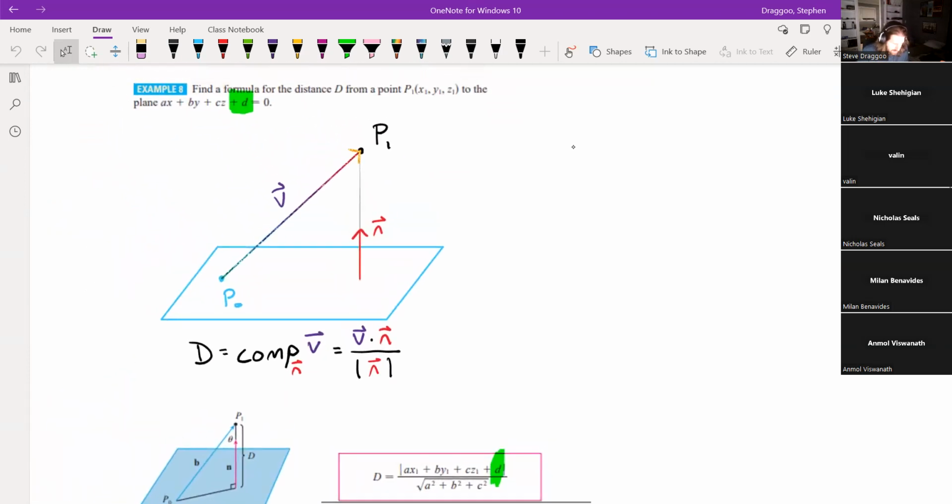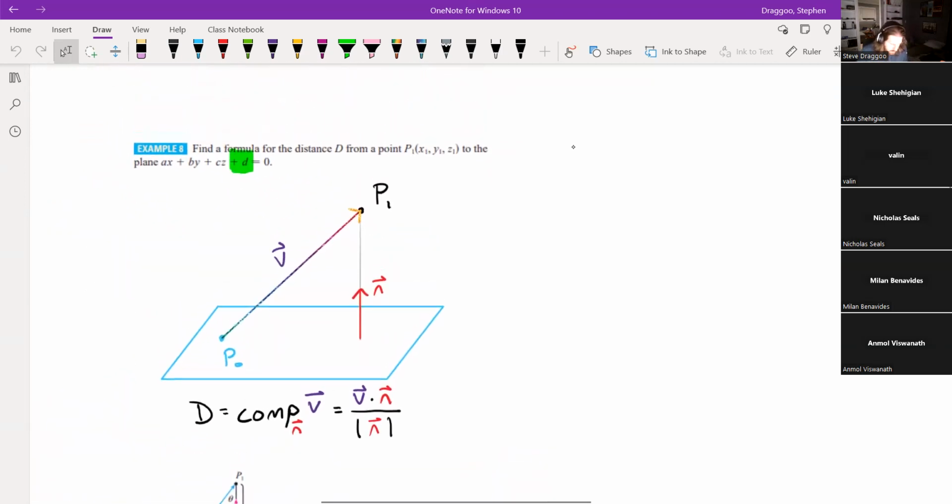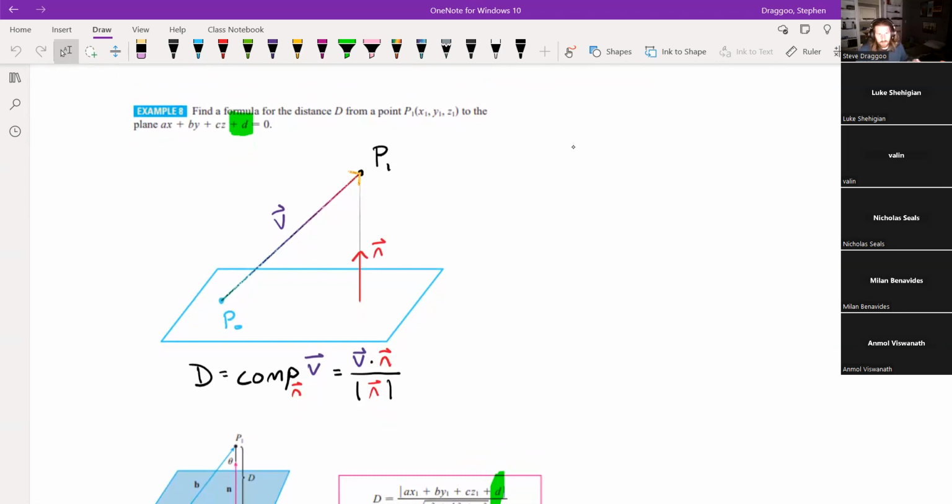So this is just a snippet out of my notes from somewhere, and this would have been in the lines and planes section, where it's still the same process. The distance is just the scalar component of v in the direction of n. Here I've labeled what was PQ as the vector v.